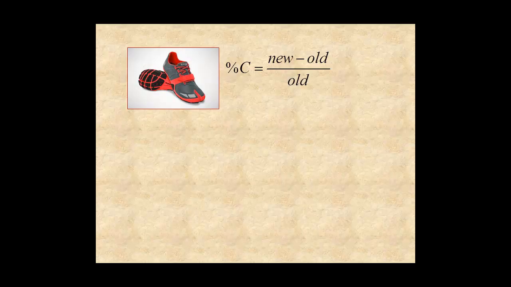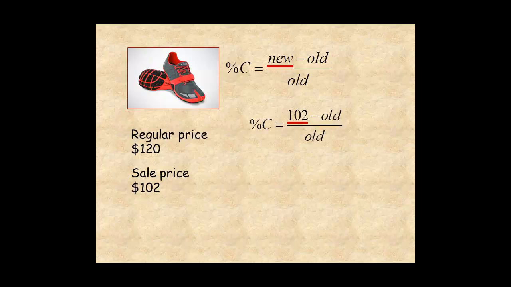Here's an example of a percent decrease. A pair of athletic shoes that normally sell for $120 is on sale for $102. What is the percent decrease in price? Substitute into the model. The new amount is 102. The old amount is 120.